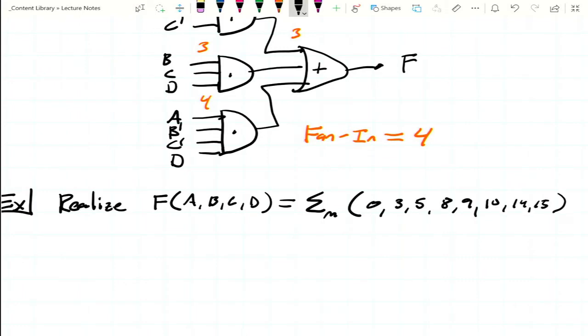So there's your spec. Using 3 input NOR gates.